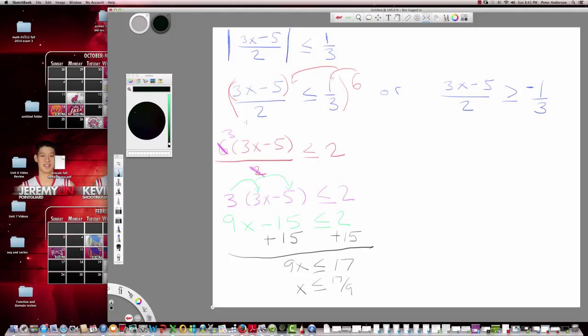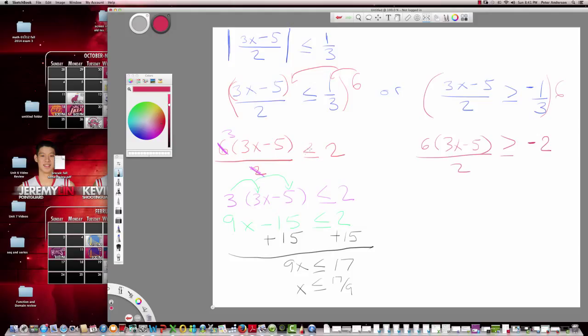Okay, you're really going to basically do the same procedure over here. You're going to multiply through by 6 again. So you're really going to end up basically rewriting the same thing. So this is 6 times (3x minus 5) over 2 is greater than or equal to, now on this side here, it's going to be negative 2.